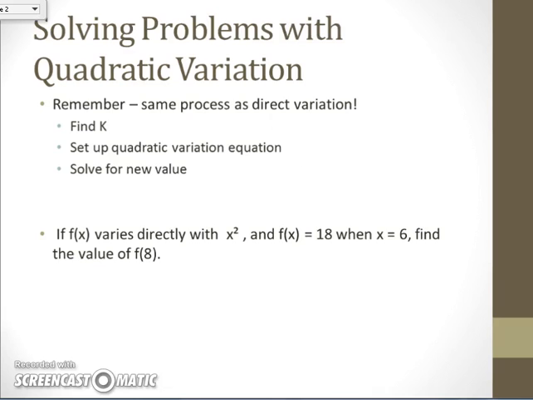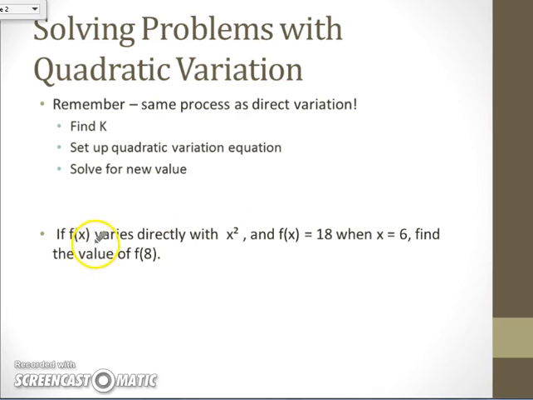Other similar problems with direct variation, they gave us a statement saying that there was a direct variation and that they wanted us to find a new value. So there are similar problems with quadratic variation.